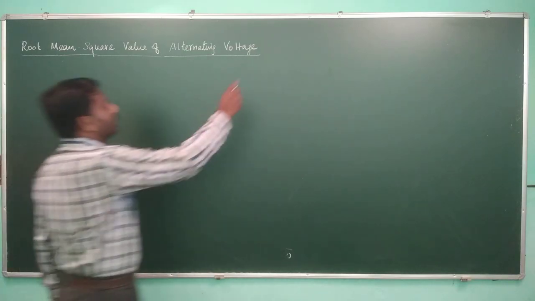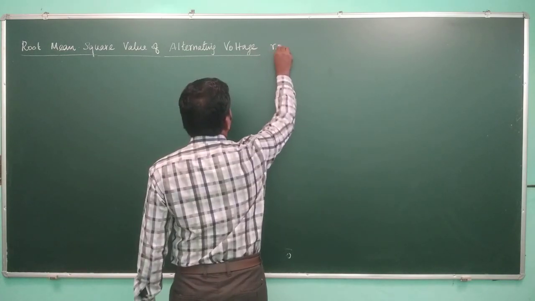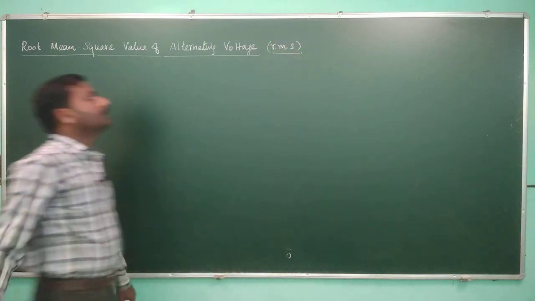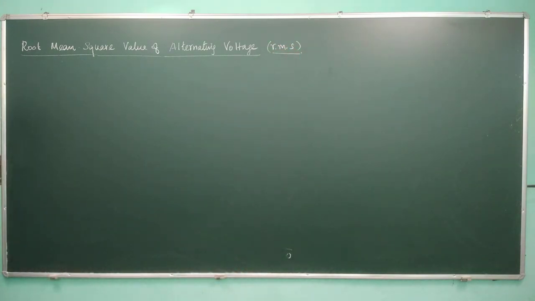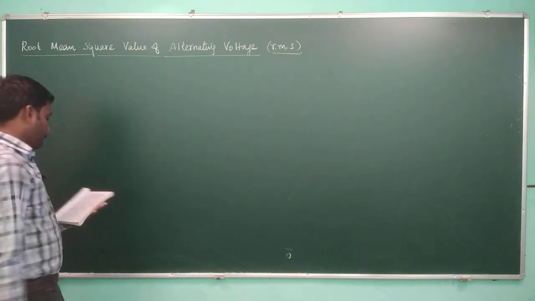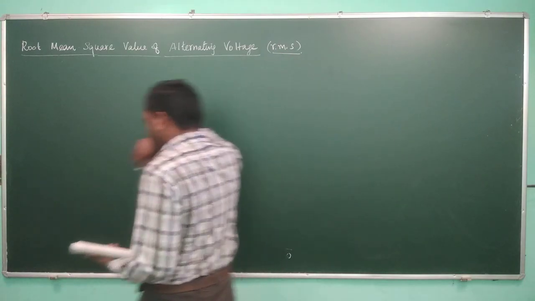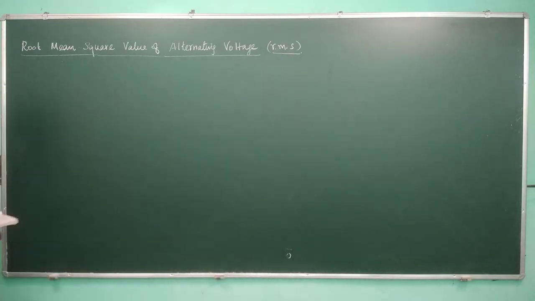Simply, root mean square value is denoted by r.m.s. in small letters. Okay, not in capital letters, small letters, root mean square. And RMS, sometimes with full stops, or if you use it with a letter, then it is used continuously without any full stop. Fine. What does it mean actually?